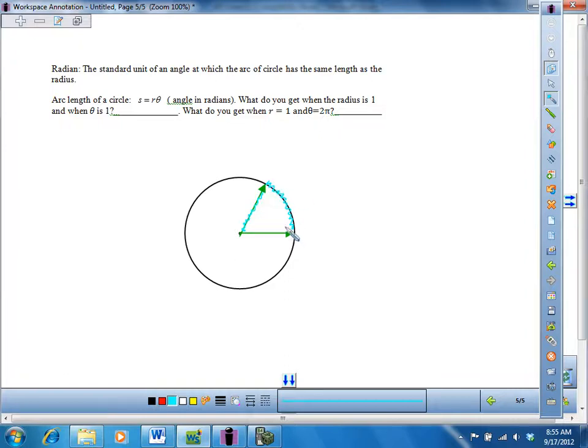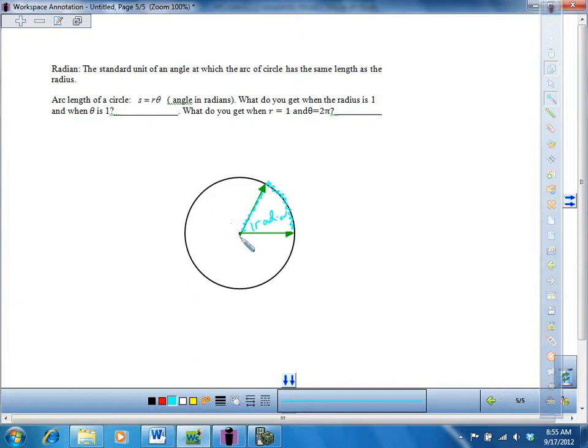When the length of this arc is the same length as this radius, this angle is 1 radian. They don't usually put the units with radians, they just leave it. So they'll say that angle is 1 or that angle is pi or something like that. So that's what a radian is.